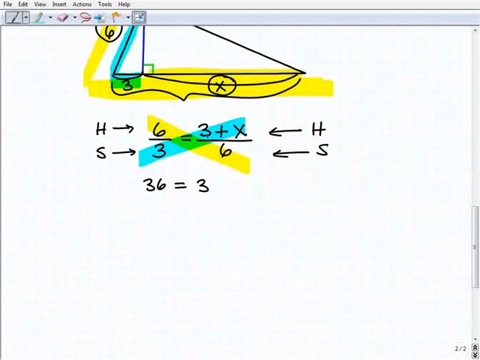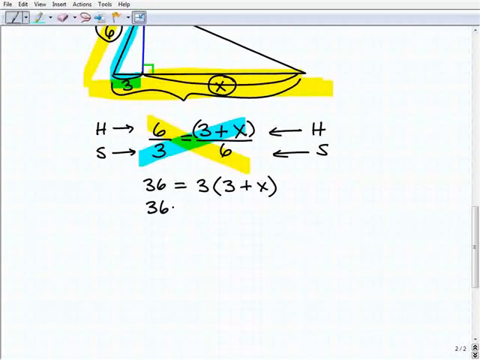And now anytime you have a plus or minus with a variable, this is an entire quantity. So this is going to be 3 times (3 plus x). If you're a little bit confused there, remember anytime you have a plus or minus with a variable and a number, that's a quantity. So you really have to think parentheses or grouping symbols around that particular quantity.